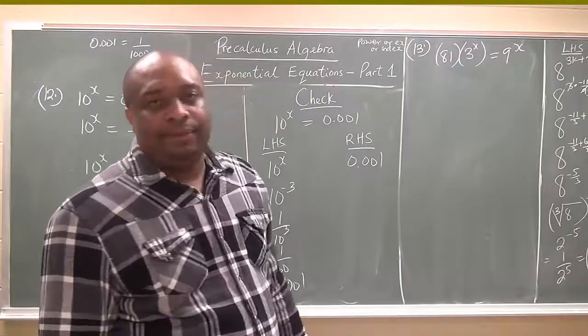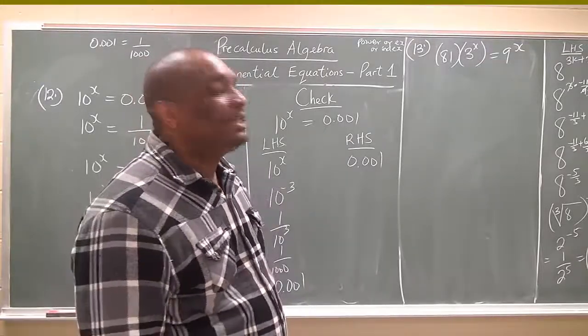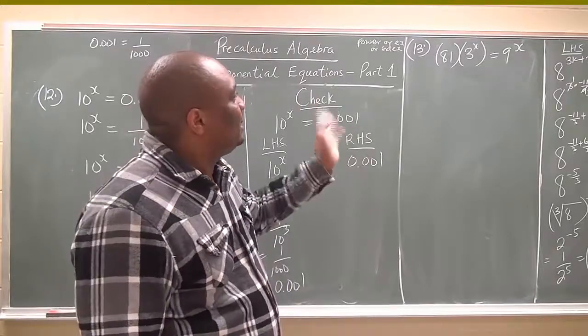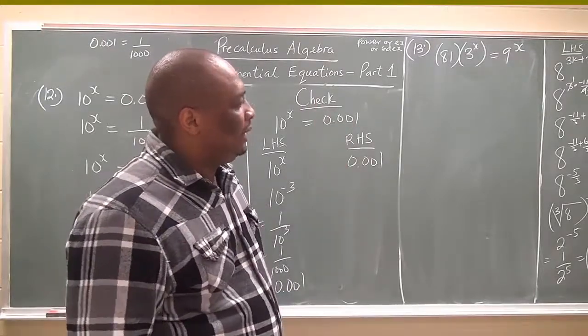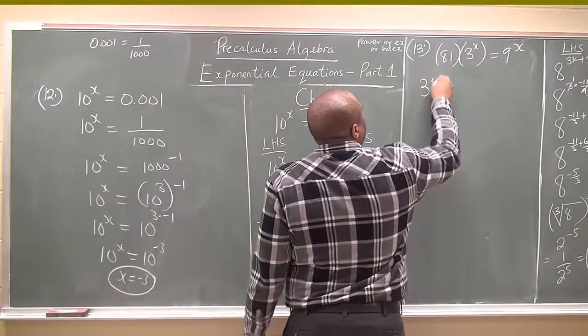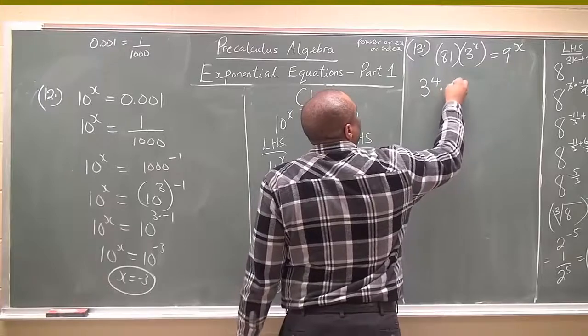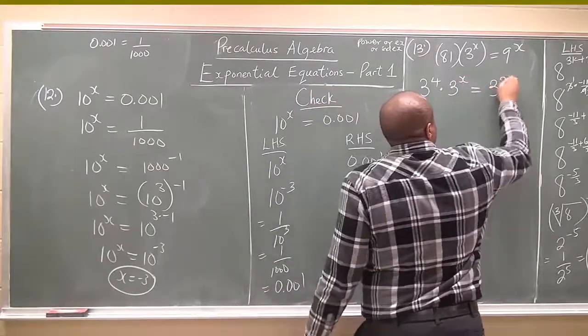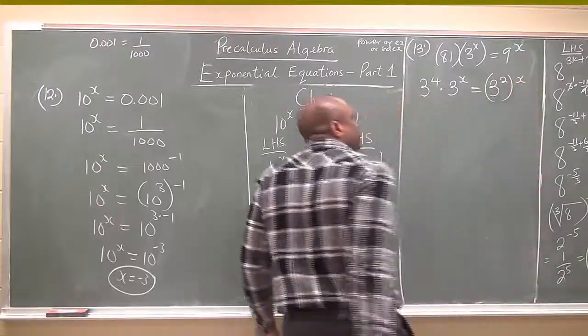The minimum base is 3, so let's try to express everybody in 3. So this is 3 exponent 4 times 3 exponent x equal to 3 exponent 2, then you put the x.